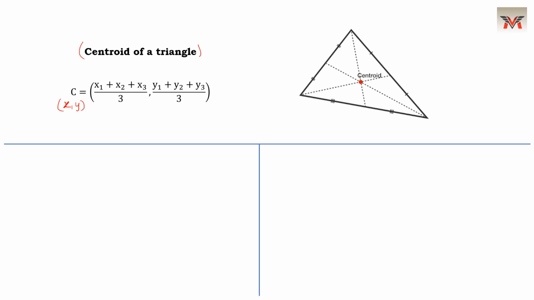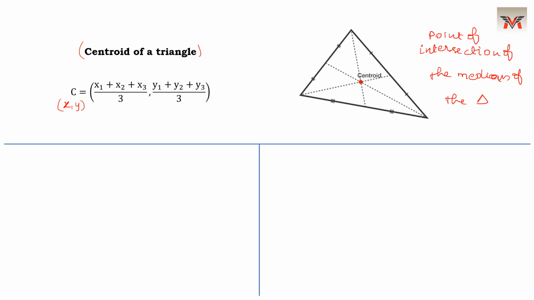And what's the centroid? Centroid is nothing but the point of intersection of the medians of the triangle. Okay, this is just for your reference.